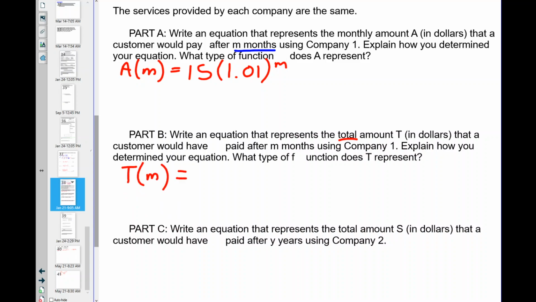What's the first amount? 15. 1 minus, what was the common ratio? 1.01 to the power of months over 1 minus 1.01. That would tell you how much you've spent in total. If I plug in a 20, that'll tell me how much I've paid in total after 20 months. If I plug that same 20 into the other formula, that'll just tell me what I'm paying on that 20th month.